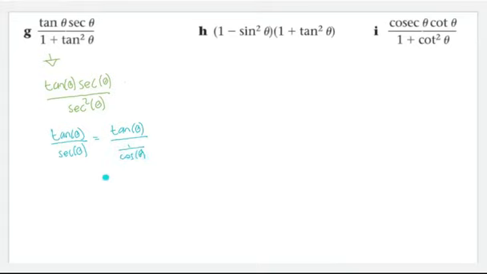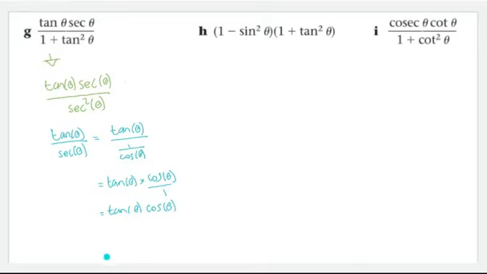So it becomes tan theta times cos theta. Indeed, because you're dividing by a fraction, it's the same as multiplying by the reciprocal of that fraction. So that's tan theta times cos theta over 1, which is just tan theta times cos theta.